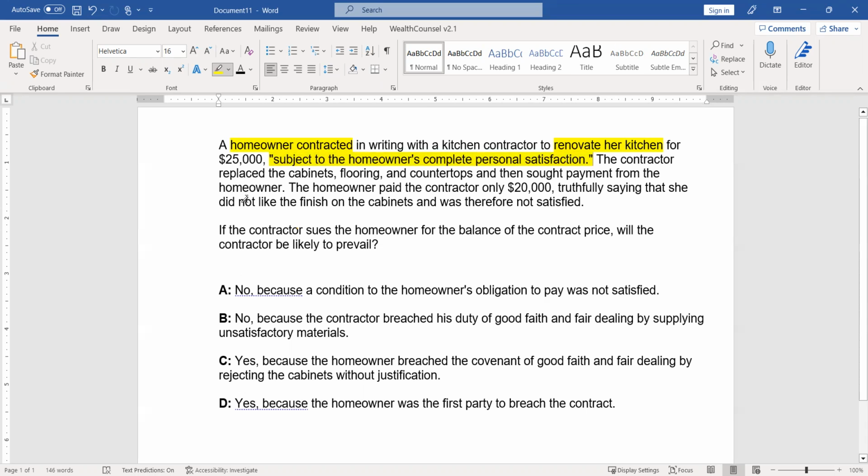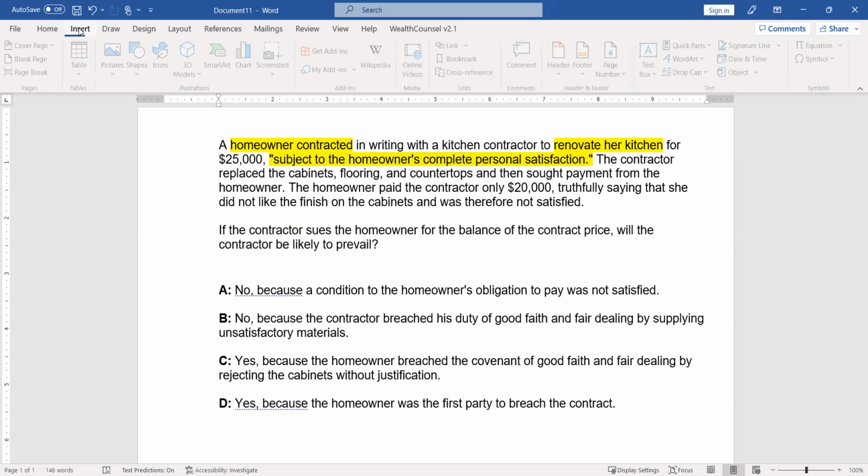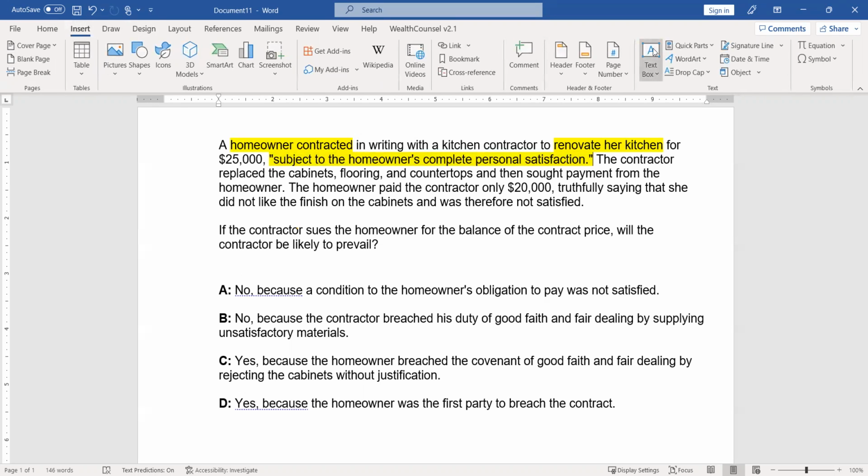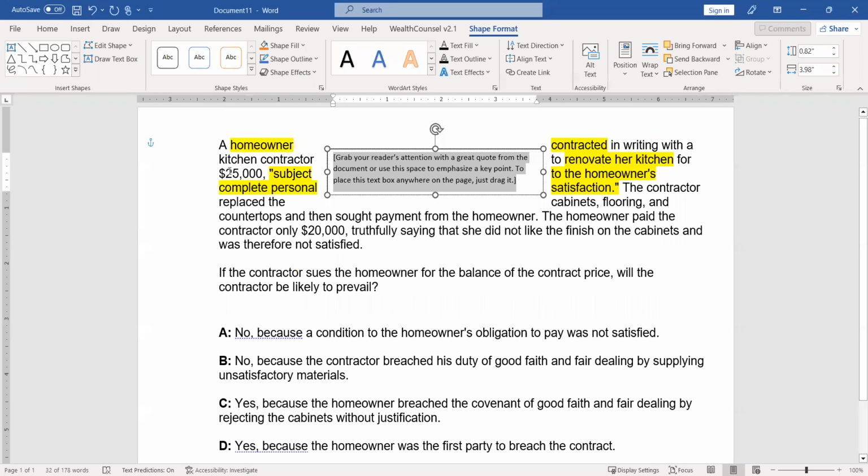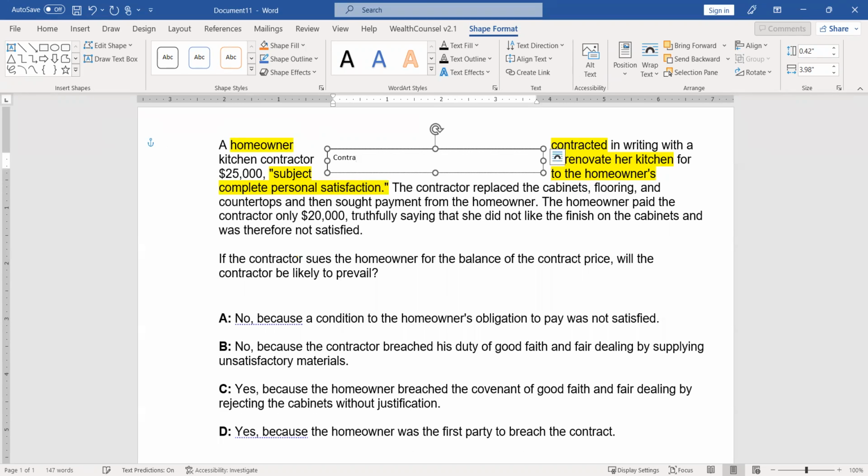That's a condition precedent. So at this point, there is enough information for you to get a good sense of what you're being tested on. You've got a construction contract, which means this is common law.